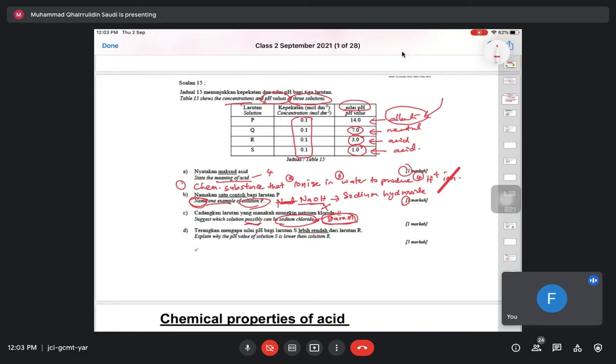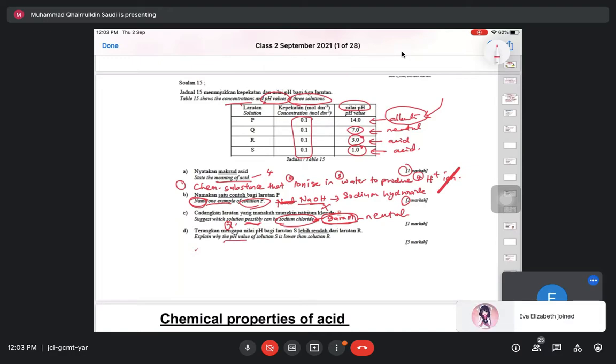Okay, awak ada rasa bitter dekat air garam? No, so it is not an alkali. So it is neutral. So which solution is neutral? Q. So the answer is Q. Sodium chloride, yes.